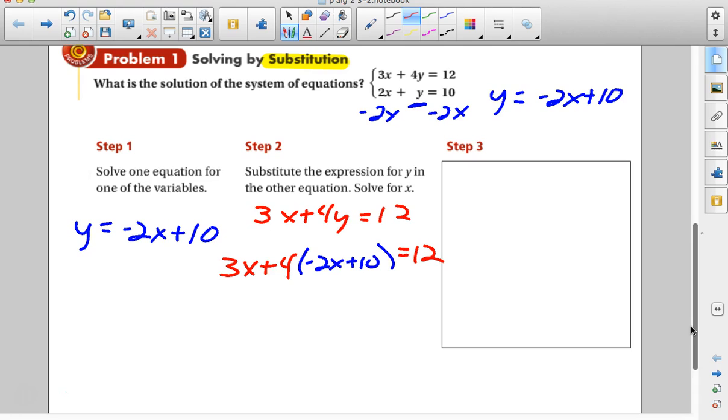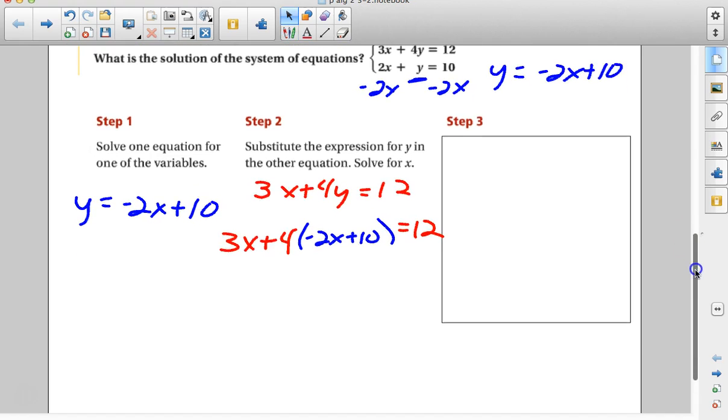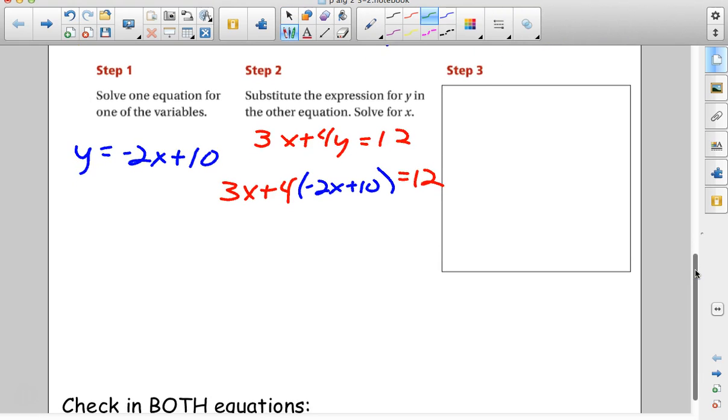Look at that, and a really good thing just happened, because now this equation only has one variable. We absolutely are going to be able to figure out what x is, because we have just one variable at this point. So we'll go ahead and distribute, combine like terms, and solve. And don't forget to take the 4 times the 10 as well, to multiply that all the way through. And this will say negative 5x plus 40 equals 12.